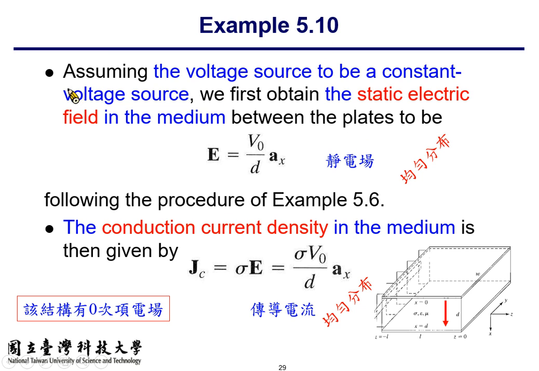So assuming the voltage source is a constant voltage source, we can have the static electrical field in the medium between the plates as E equal to V sub 0 divided by d. And what you need to note is that this electrical field is static and it resides within the structure homogeneously.